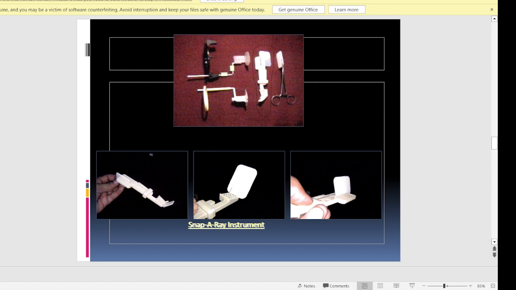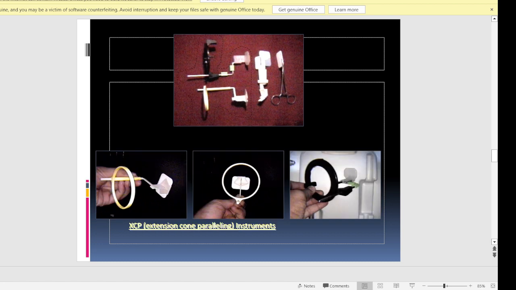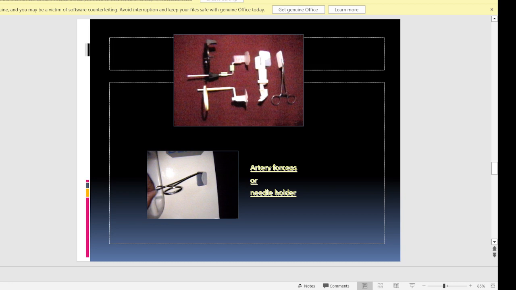This is a picture of the Snap-A-Ray instrument, which we use in the paralleling cone technique. This pictorial representation shows the XCP instrument, also known as the extension cone paralleling instrument. And this is the artery forceps or needle holder with which we hold the X-ray film.